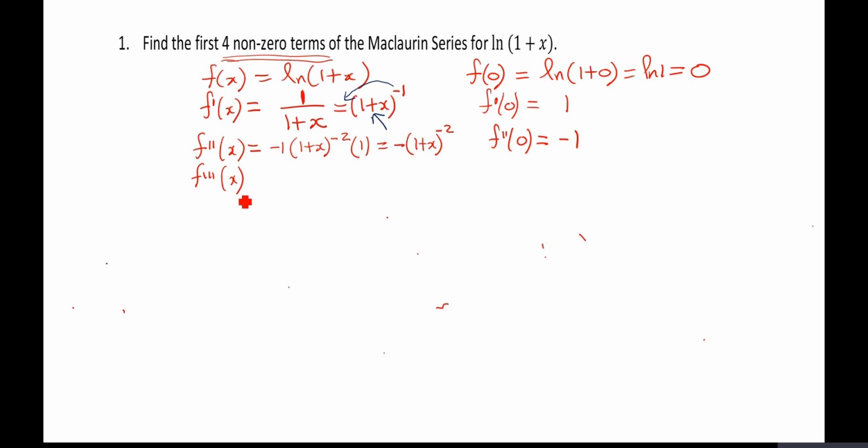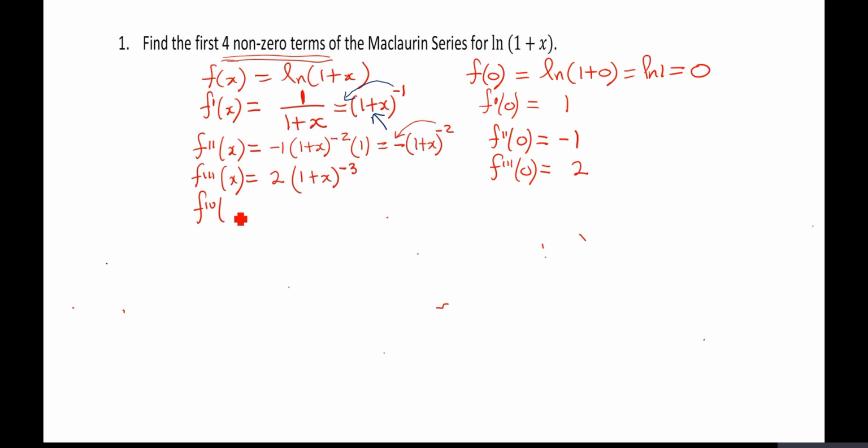My third derivative, again, minus 2 times minus 1, so there you go. The normal chain rule, the normal power rule, derivative of a power rule. Minus 2 times minus 1, plus 2, subtract 1 from the index, 1 plus x to the minus 3, find the derivative at 0, that gives you 2.